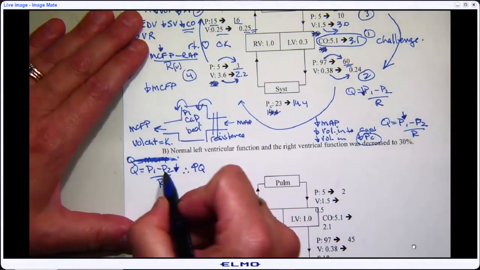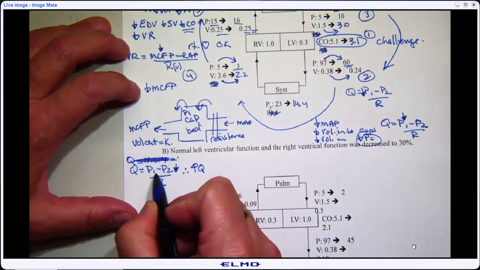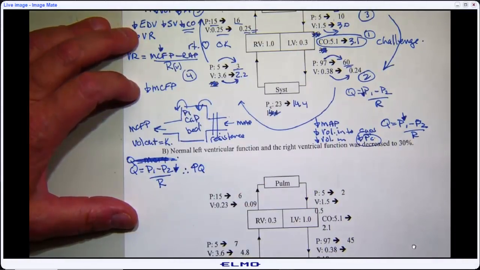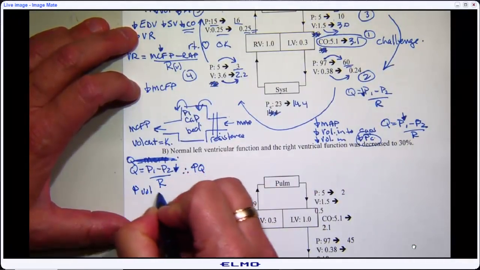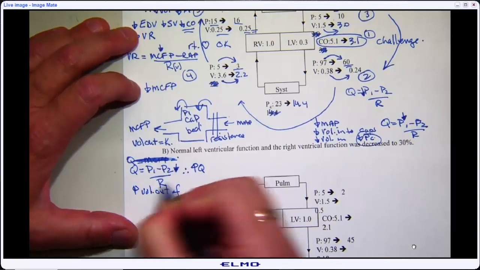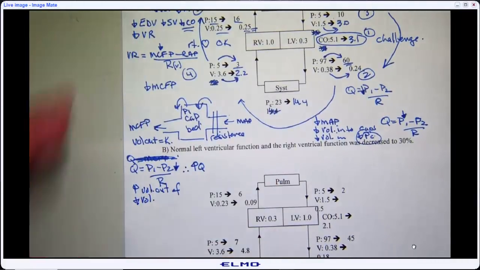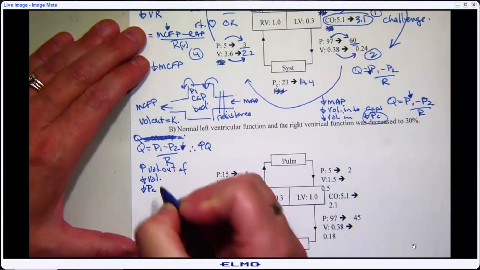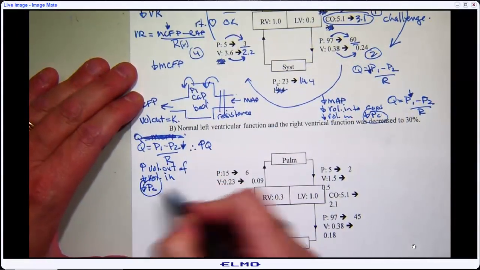Okay? So if I'm going to drop my mean circulatory filling pressure, then my delta P for flow got greater. My drive for pressure, my drive for volume just got greater. So volume out of increases. That means I'm going to drop my volume in because I've got more volume coming out. Volume out of, decrease volume in, decrease pressure in.